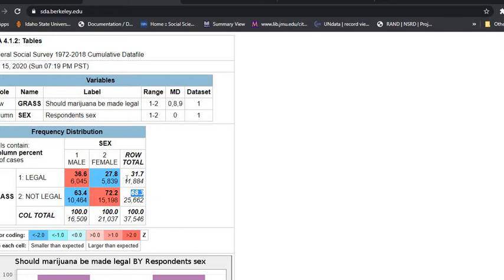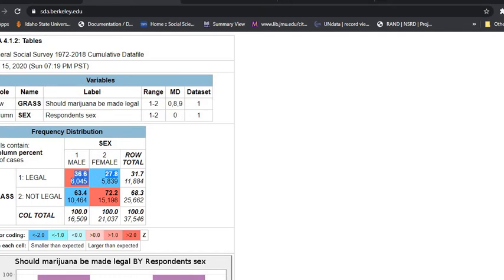And so you do the same thing that we did with looking at arrest, and you say, okay, we know that 36.6% of males are in favor of legalization. And looking at the table here, 27.8% of females are in favor of legalization. Well, obviously 36.6 is a noticeably higher number than 27.8.